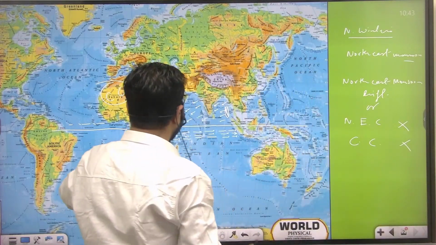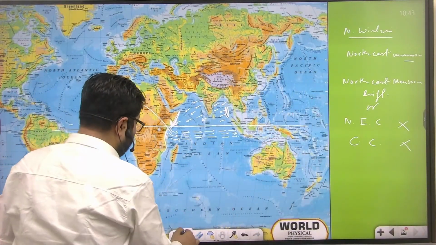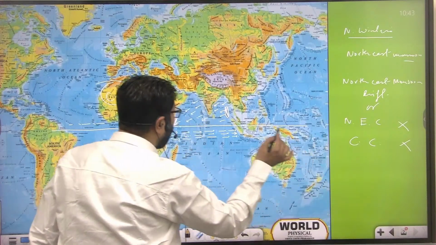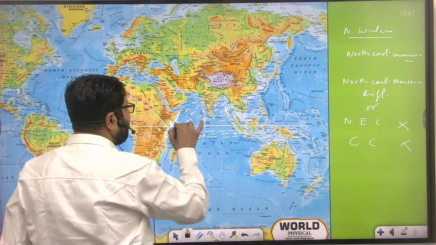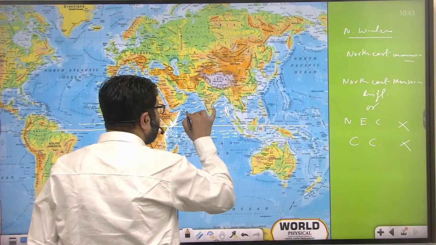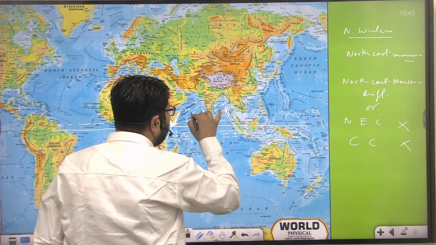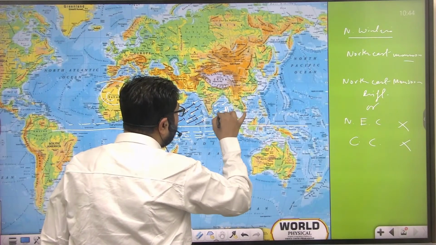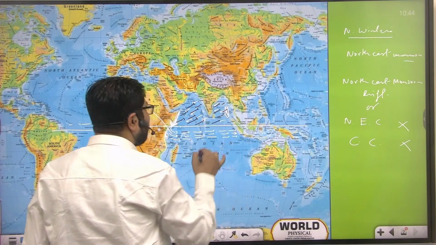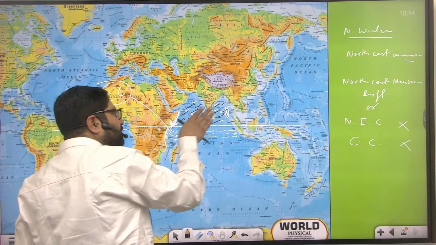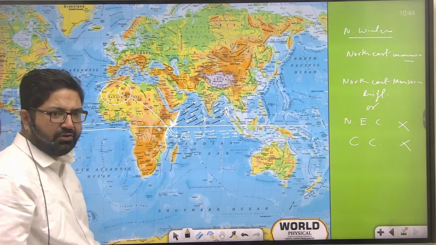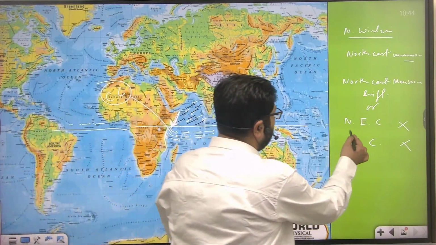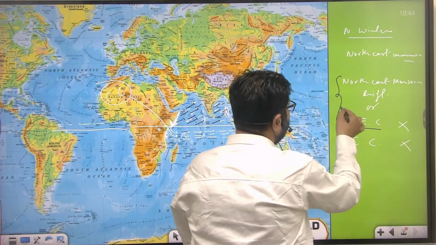Why? During northern summer, the entire North Indian Ocean is under the influence of southwest monsoon. Surface water moves from southwest to northeast. So this north equatorial current or northeast monsoon drift disappears.